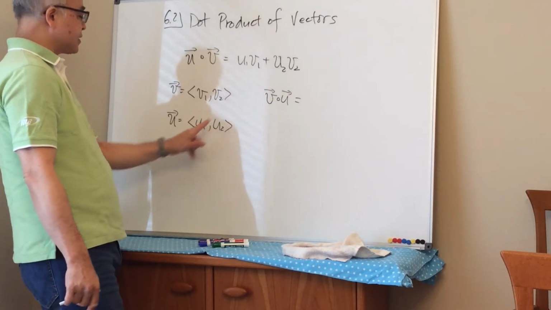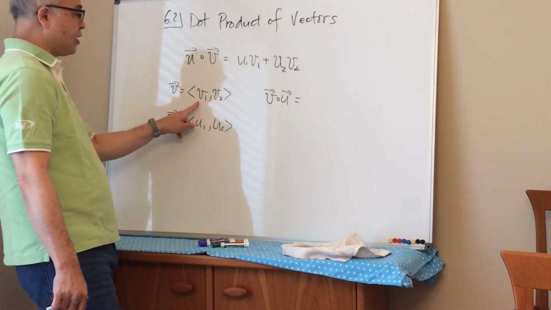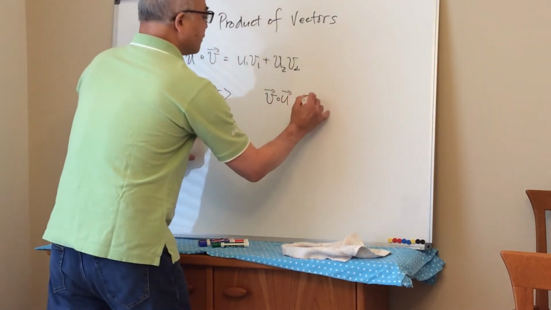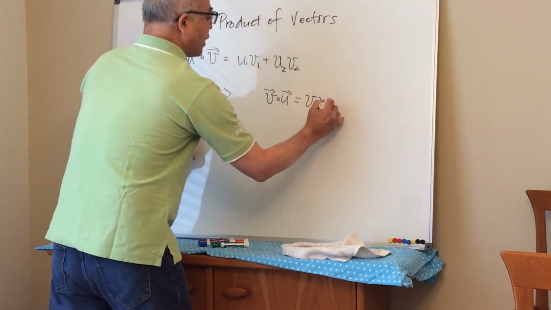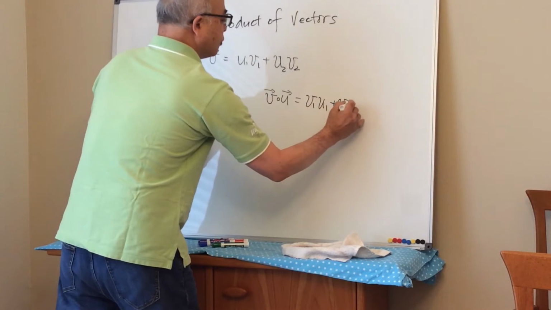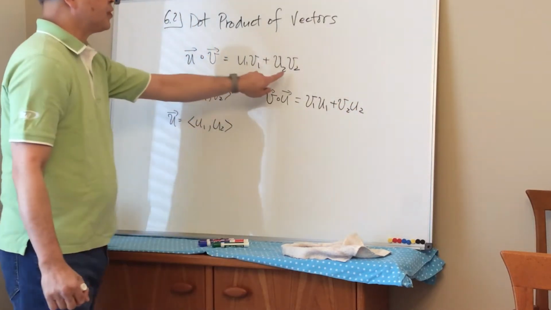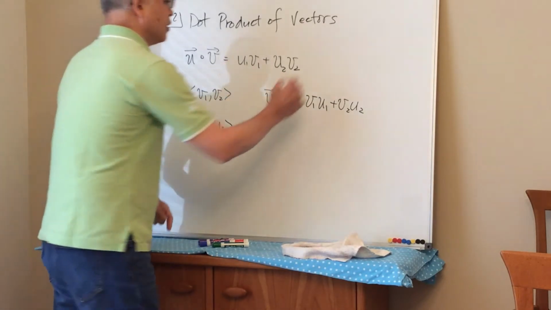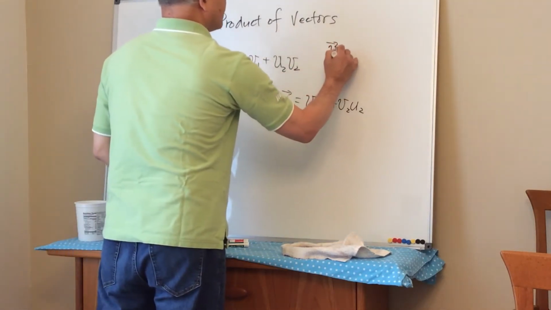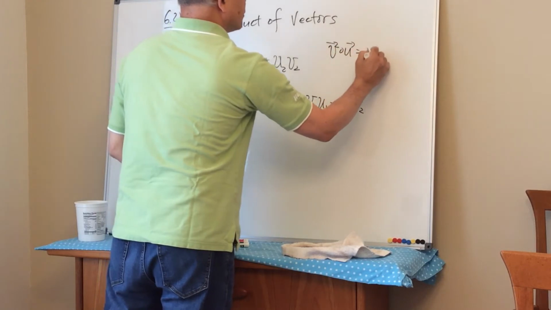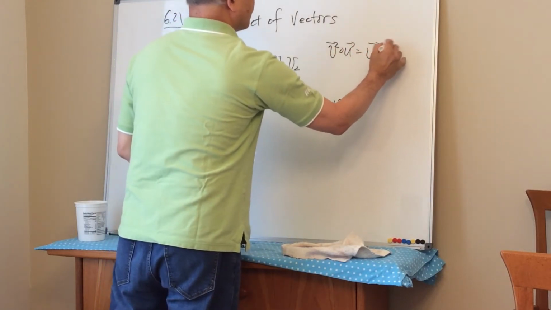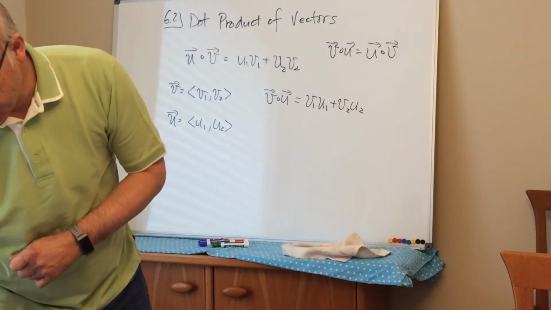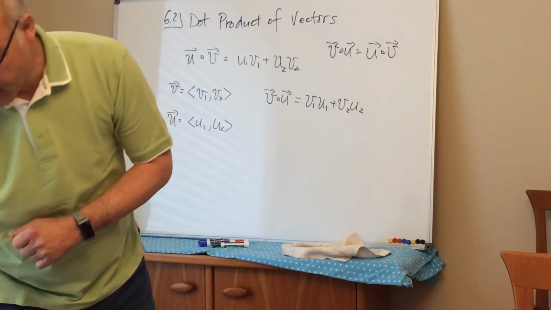Because I take the x of the v, which is v1, and then the x of the u, which is u1, so it becomes v1 u1 plus v2 u2, which, as you can see, are the same. In other words, I can say that v dot u is equal to u dot v. That is on page 467, property number 1 there.